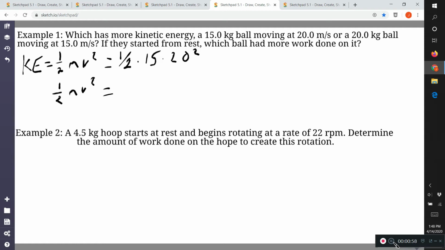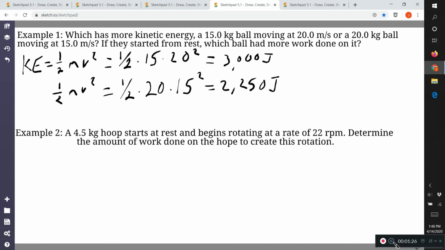In the second case, we have 1/2 times 20 times 15 squared. In this first scenario, we're going to get 3,000 joules. In the second scenario, we're going to get 2,250 joules.